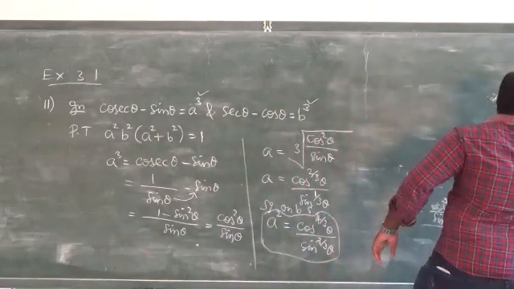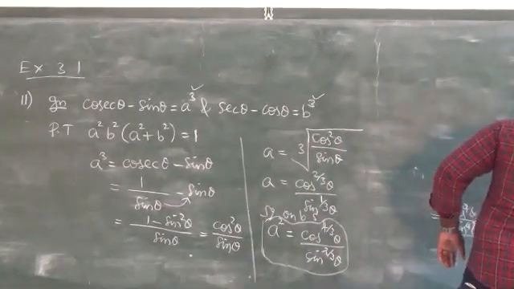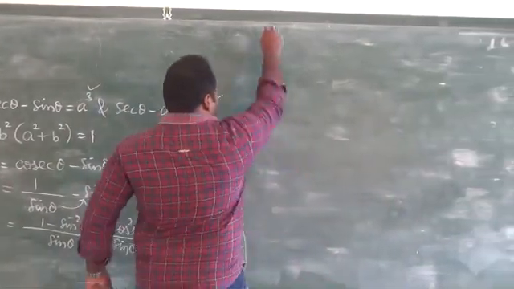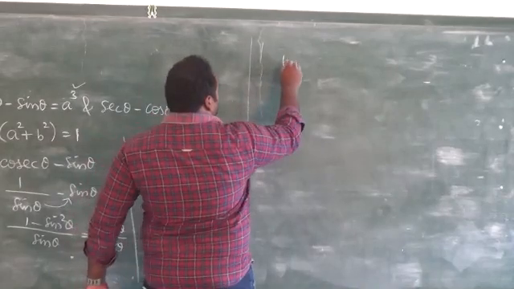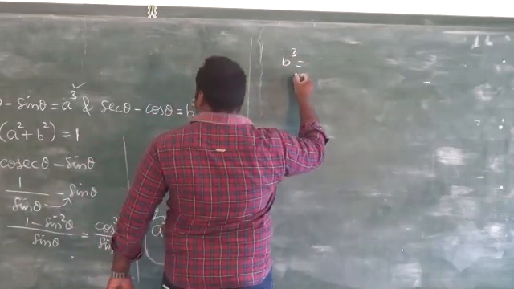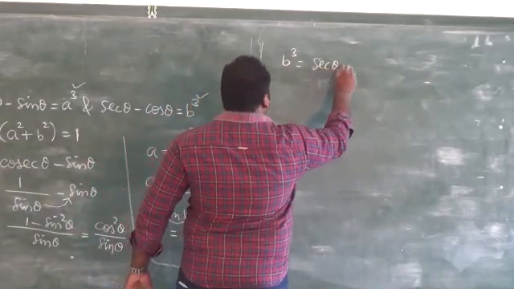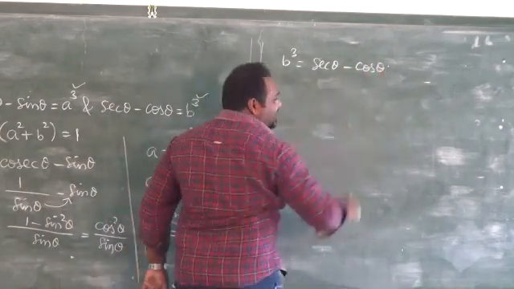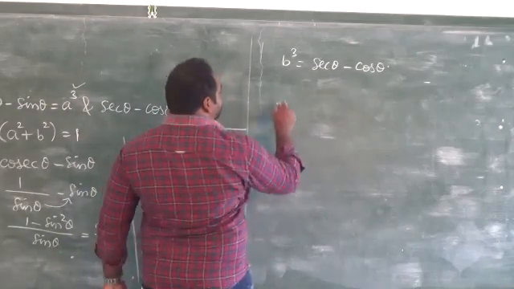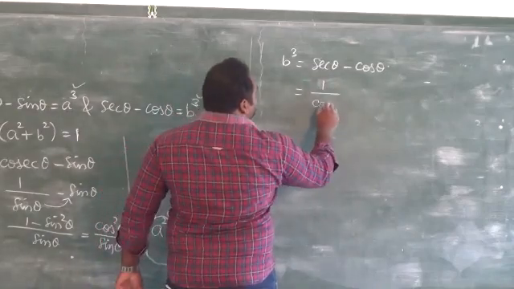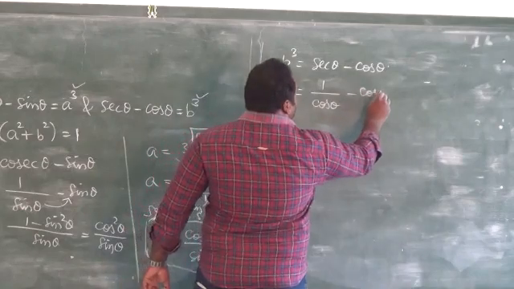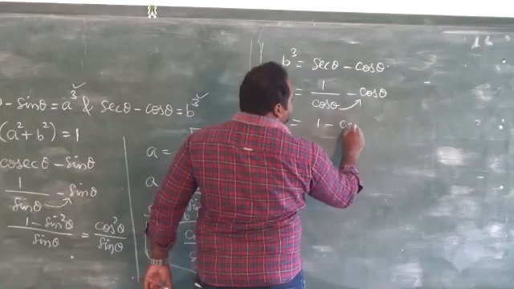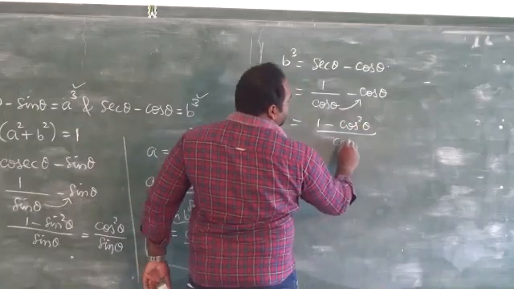Before that, we find the b value like what we found for the a value. So b cube equal to secant theta minus cos theta. Here also I am going to change it in terms of sin and cos. To simplify this: 1 by cos theta minus cos theta, cross multiply, 1 minus cos square theta by cos theta.